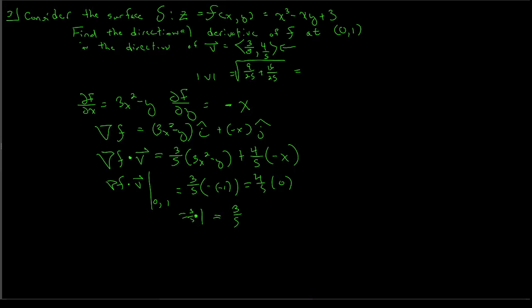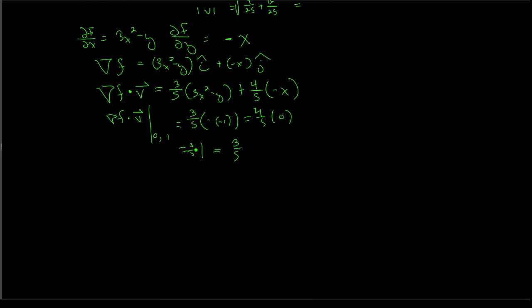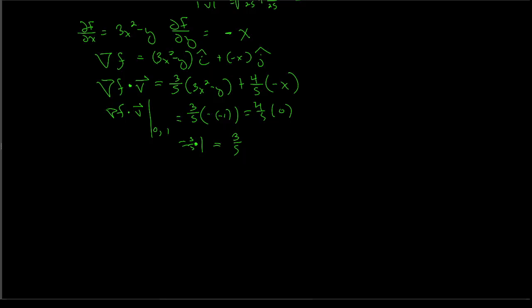Let me get my words correct. The tangent plane is orthogonal to the gradient, so the gradient vector at the point.